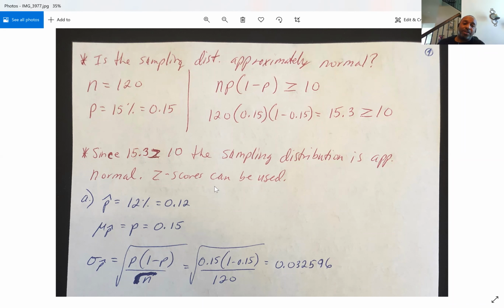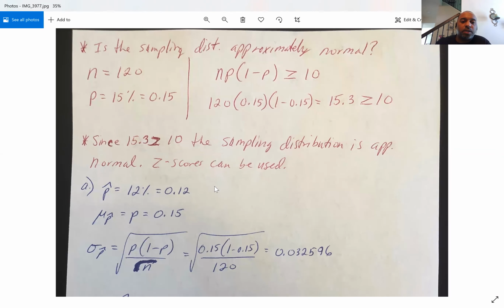They're saying that if this condition is met, that means the sampling distribution is approximately normal, and that means we can lean on the z-score chart in the z-score process. All right, so that allows us to go into A.